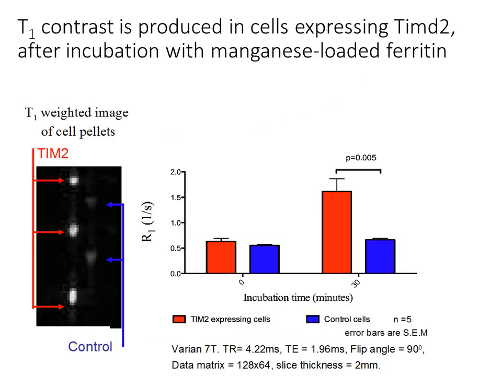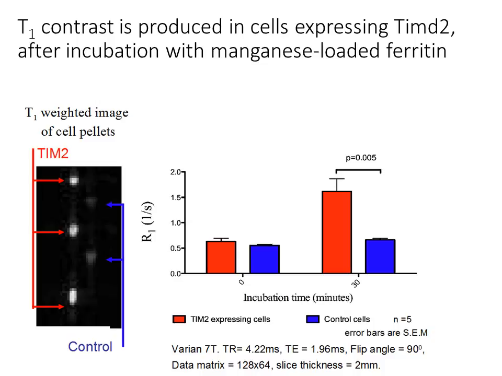So in this experiment, we've looked at the uptake of manganese-loaded ferritin, and we can detect manganese-loaded ferritin. So in this, instead of loading ferritin with iron, we've loaded it with manganese, and we can detect that through an increase in spin lattice relaxation rate. And if you look at the left panel, what you can see here are T1 weighted images of cell pellets, on the left expressing Timd2 and on the right control cells, and we've incubated them with manganese-loaded ferritin.